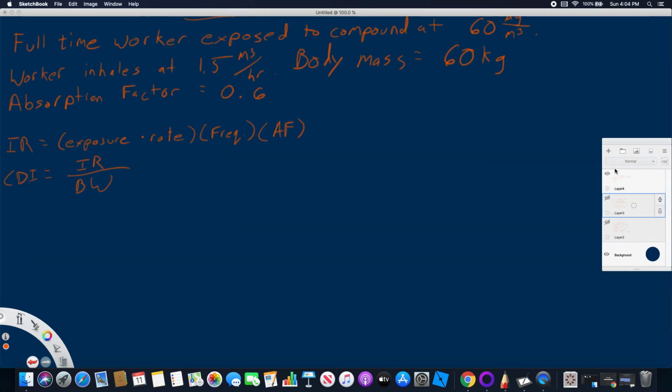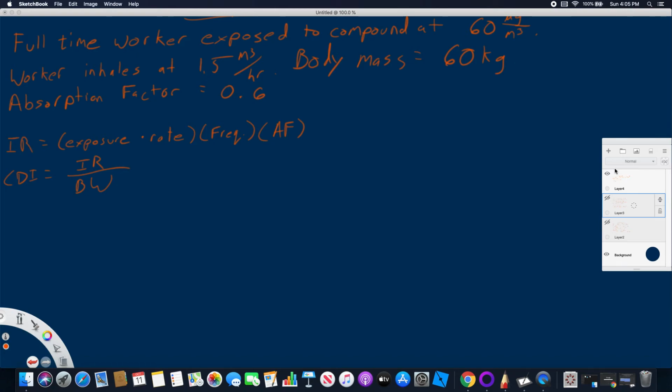Okay, so one more example here. If we have a full-time worker exposed to a compound at 60 milligrams per cubic meter of workspace, and the worker inhales at a rate of 1.5 cubic meters per hour, which is maybe a little bit elevated, but a worker doing physical work might be breathing quicker, with a body mass of 60 kilograms, and an absorption factor of only 0.6.